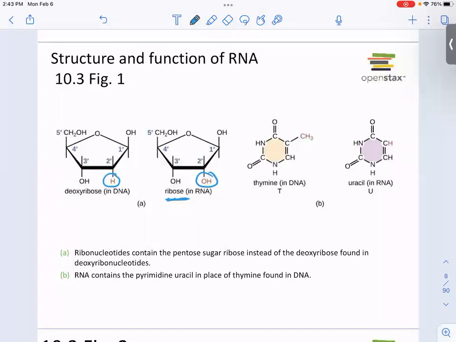And incredibly enough, that weakens the structure of ribose just a little bit. So when we find RNA in the cell, it's usually fairly temporary, with the exception of ribosomal RNA, messenger RNA or tRNA. Those are all just kind of temporary structures. And of course, we have the base uracil instead of thymine as part of RNA.